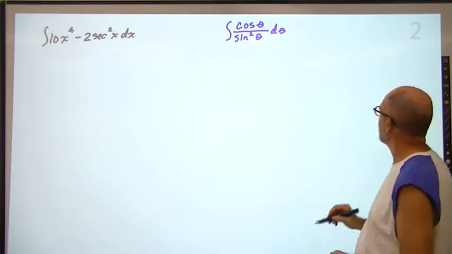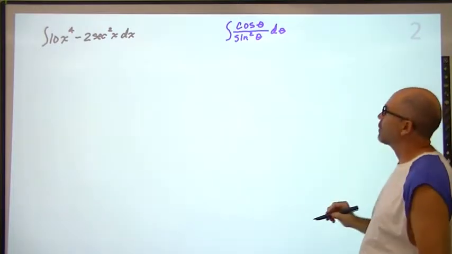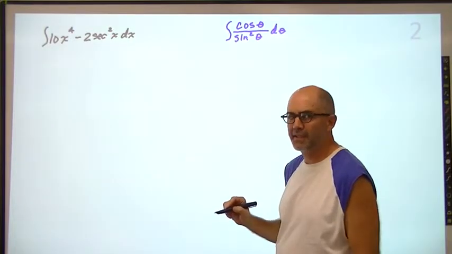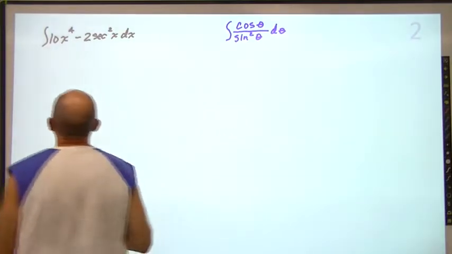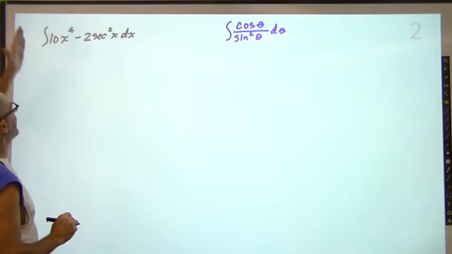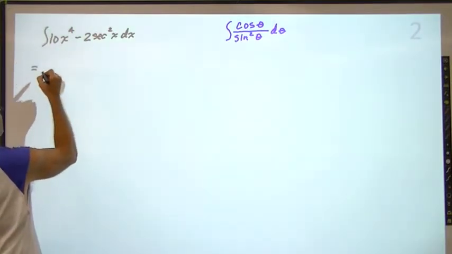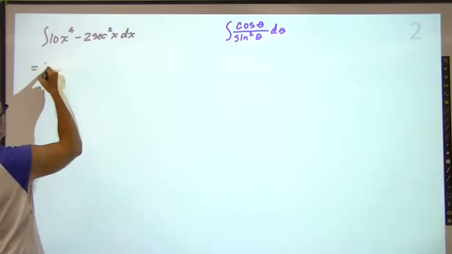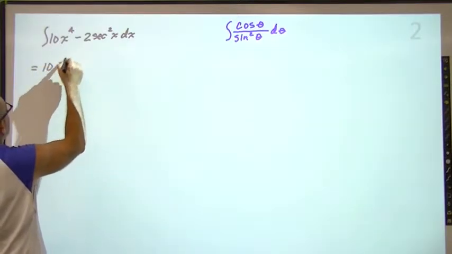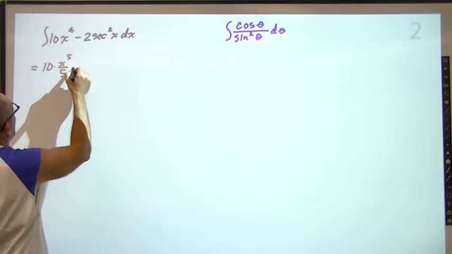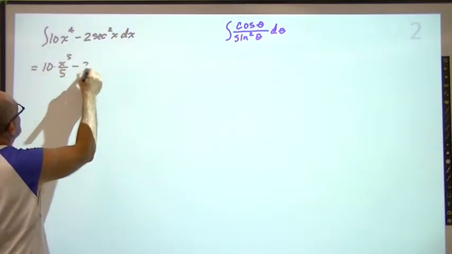All right, so first, we have the integral of 10x to the fourth minus 2 secant squared x dx. Basically I can take the 10 out in front, and so this becomes 10 x to the fifth over 5 minus 2.